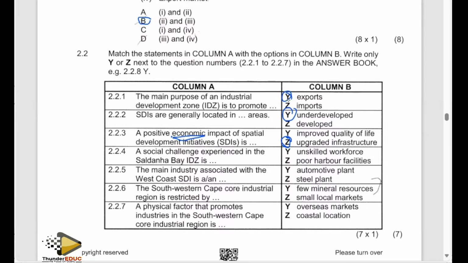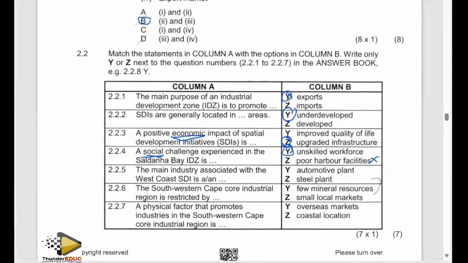Saldanha Bay, what is the challenge that is experienced? And we want a social one. Unskilled workforce and poor harbor facility. Harbor facilities are not social, they are economic, or they are physical. So the correct response here is unskilled workforce.